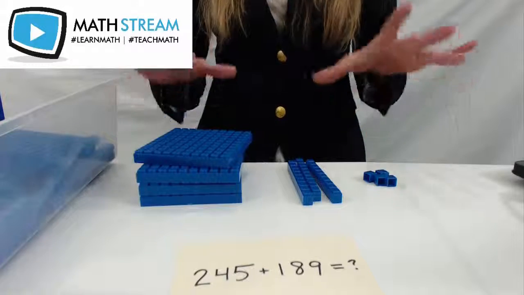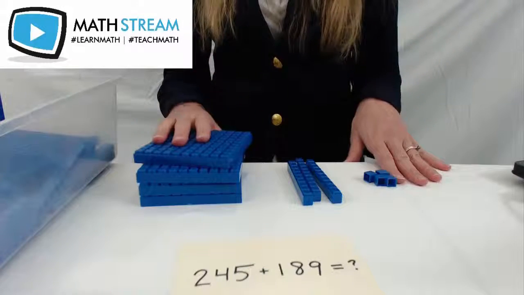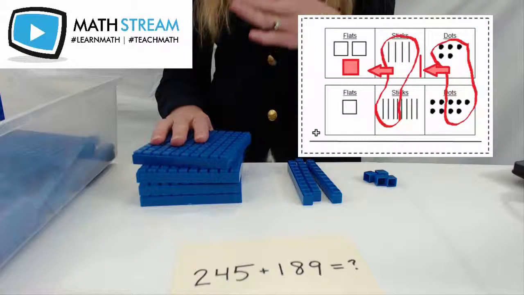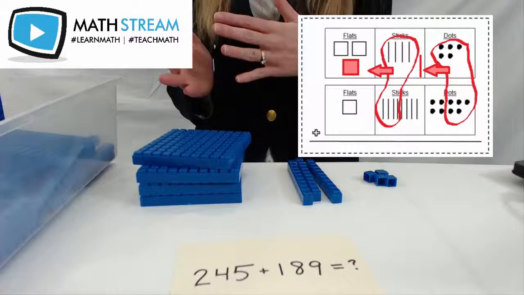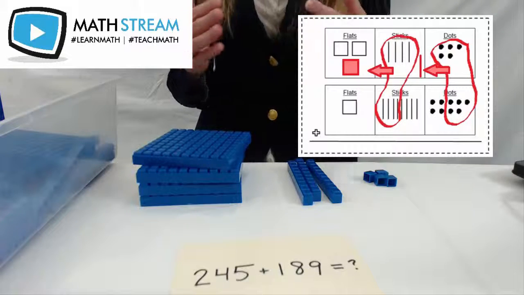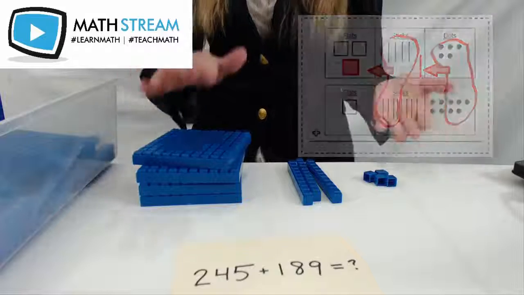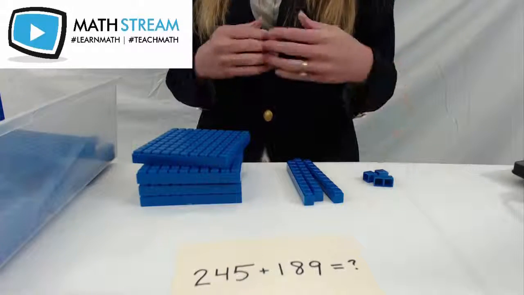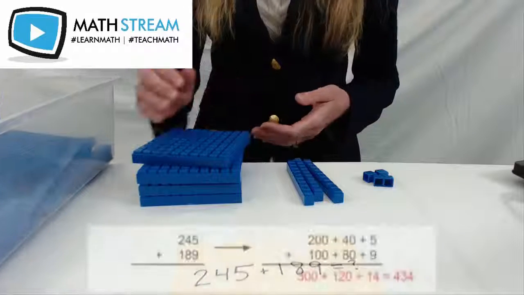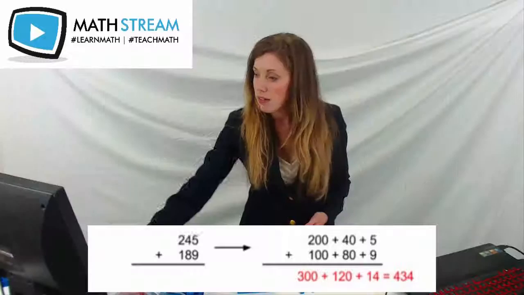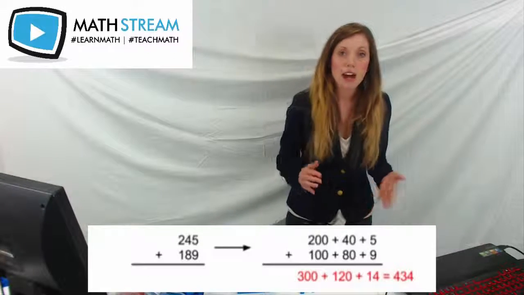Now, on your screen, again, you're going to see a picture of what that looks like symbolically, where we've circled the groups that need to be regrouped and moved into a different category. And then that allows us to count and figure out that we have 434. Now, take a look at this next image, which is going to show us how to do this symbolically.